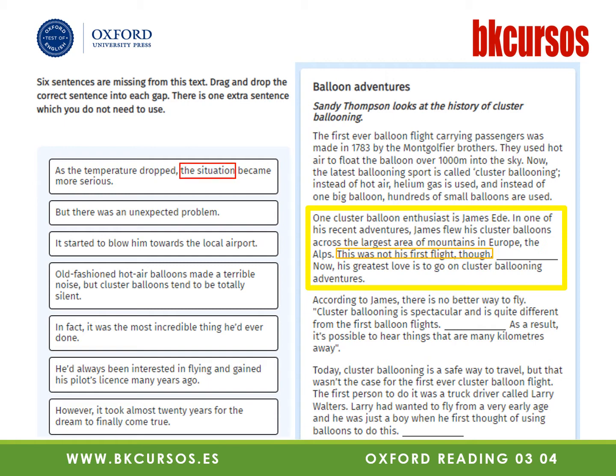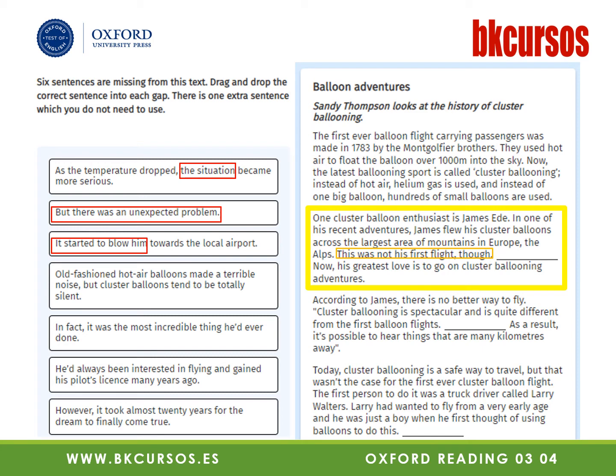The first one, at the temperature drop, the situation became more serious. Well, here we are not talking about any specific situation, so this one doesn't make any sense. What about the second one? There was an unexpected problem. Again, we are talking about a situation, and here we are talking about the general idea of liking cluster balloons, right? So it doesn't make sense either.